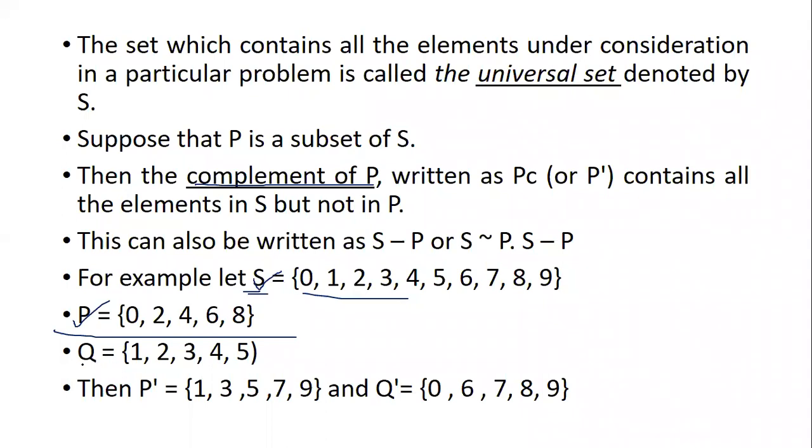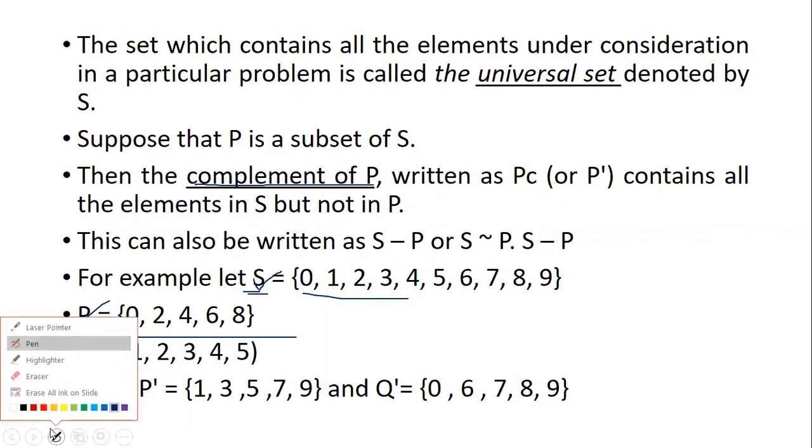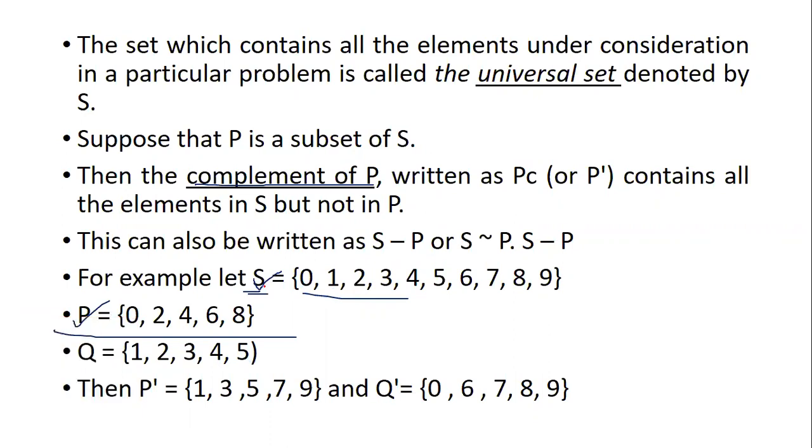Now coming to Q. If you see set Q, again you have 1, 2, 3, 4, 5, which are also present in set S, correct? Now compare set S and set Q. Which is the subset and superset? S still remains the superset.